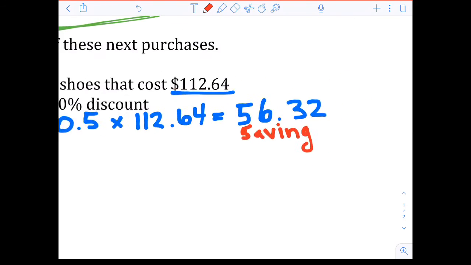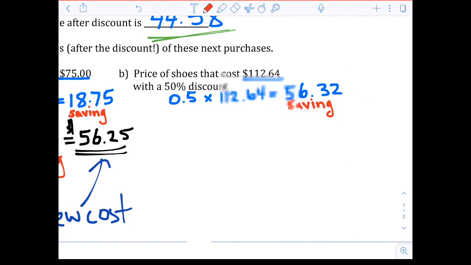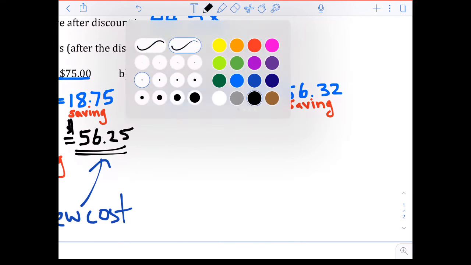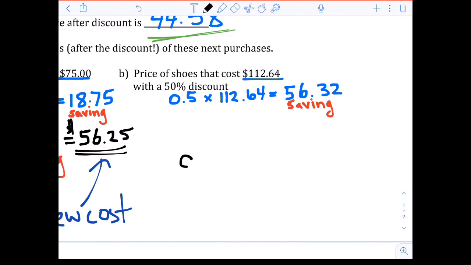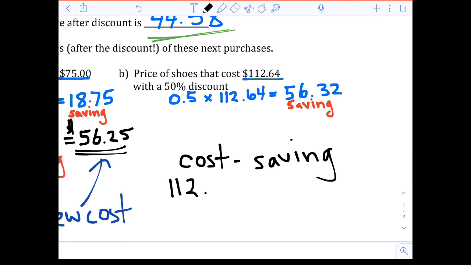So I'm going to subtract what I'm saving from the original price. So the original price, let's use black. Cost minus saving. So the original price is $112.64, and I'm going to subtract $56.32.